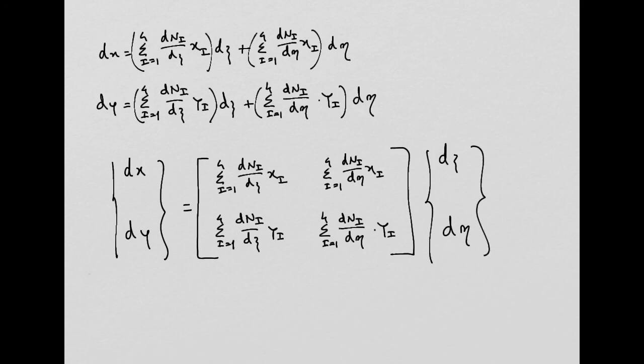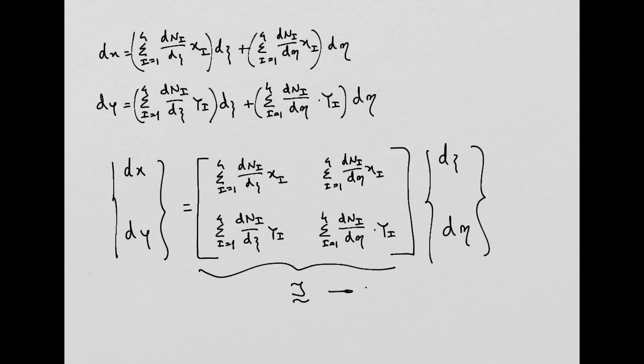So if you do the multiplication of this matrix with this vector, you get exactly what you have here in these two equations at the top. Okay? So, this matrix here that we define is called the Jacobian matrix.